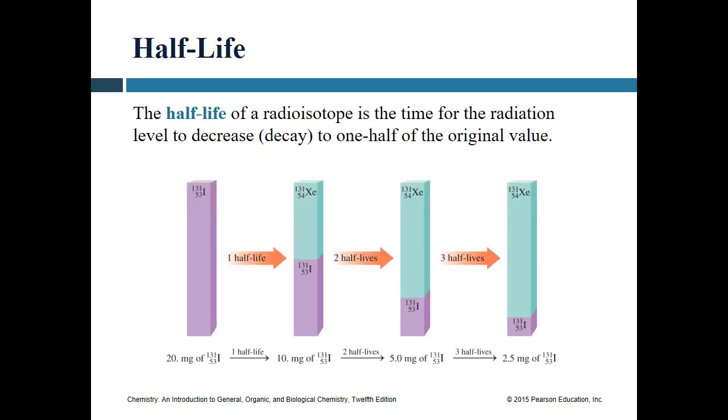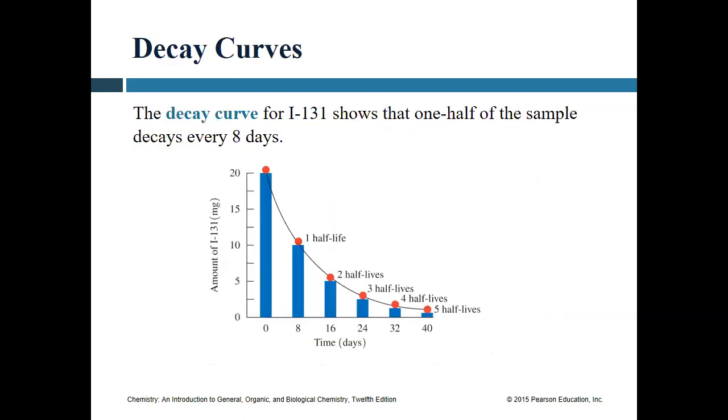Graphically speaking, we can take this concept and put it into a bar graph or a line graph. And what we would see is that as the reaction proceeds, it is getting slower as less material is present.